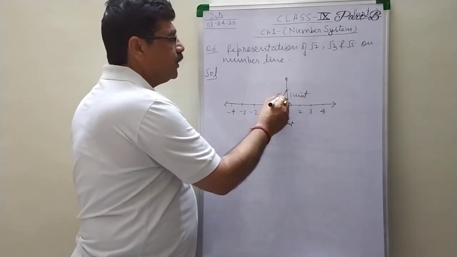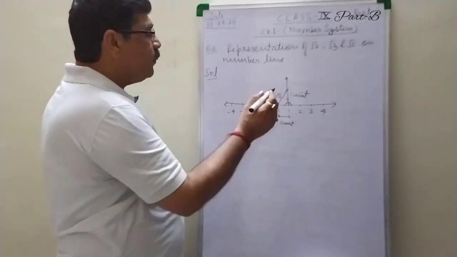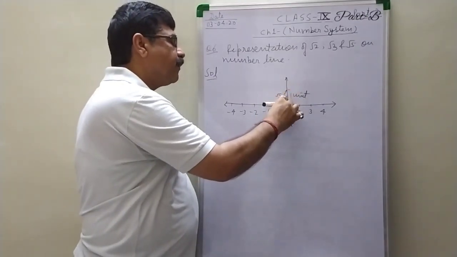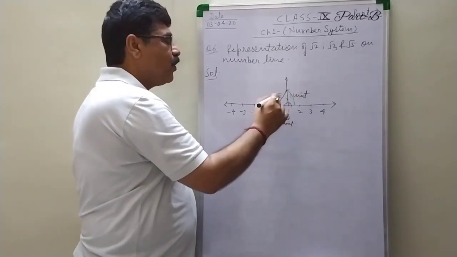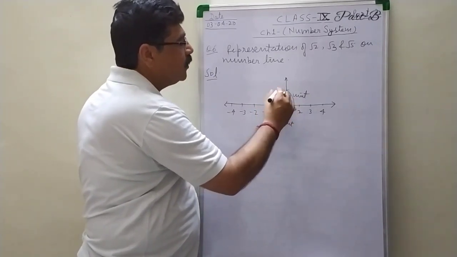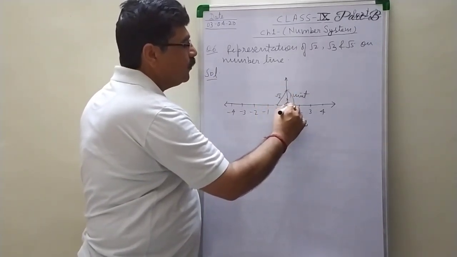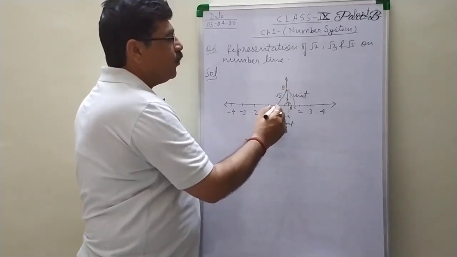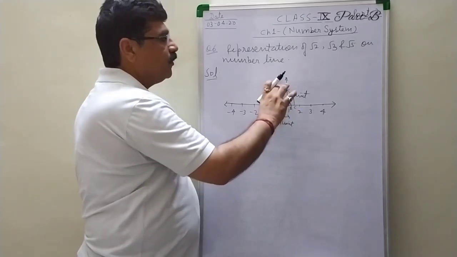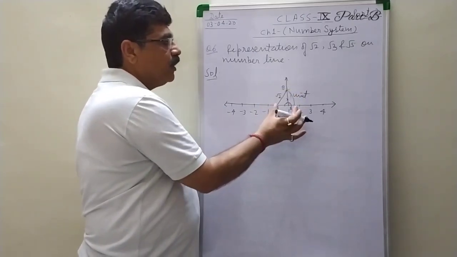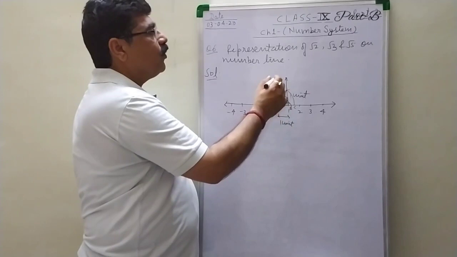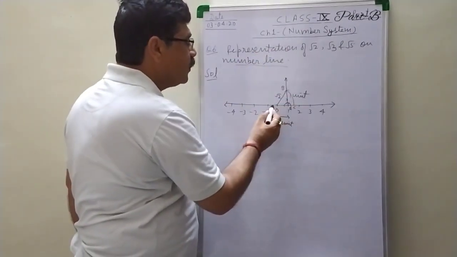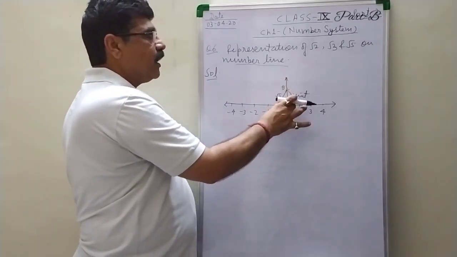This is root 2 units. Now we put our compass here and take an arc like this. Suppose we give names, this is A, this is B, this is C. So OB is equal to OC. Because we have to represent these numbers on the number line, we represent this distance on the number line.